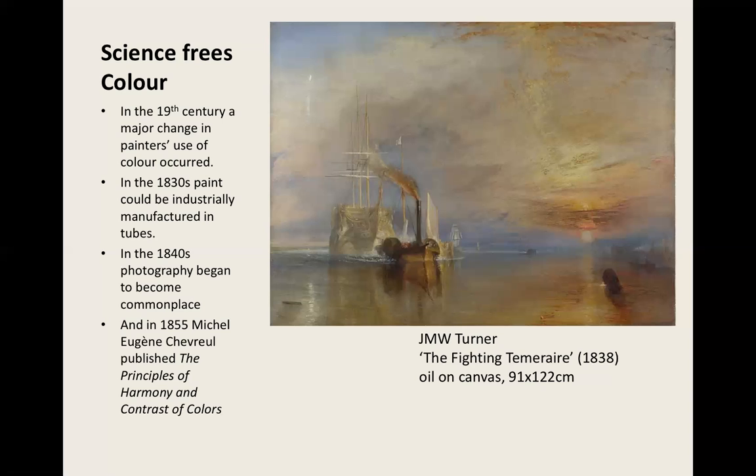so it's right in the middle of that time zone. The reason I show that is that the painting is a metaphor for the old and the new, the old guard being dragged out by the new, so that's quite a good one. But also the yellow that he used in this painting was a new type of yellow, chrome yellow, that was brand new, and Turner was fascinated by science, and by photography.